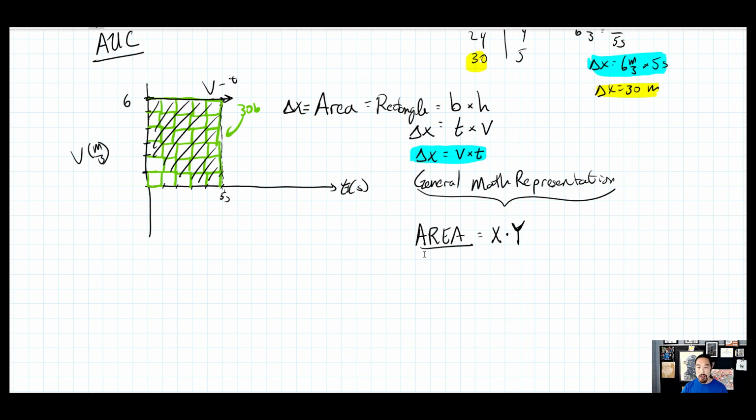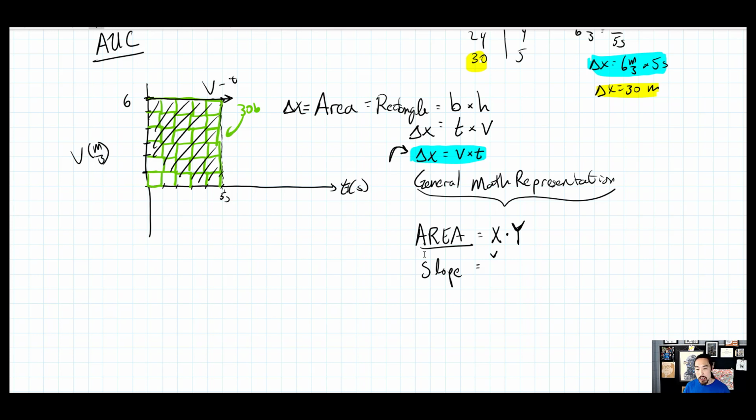So in your formula, if you ever do that, you're looking for the area under the curve, and we can see that right there. Velocity times time.